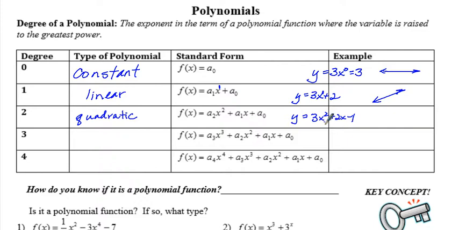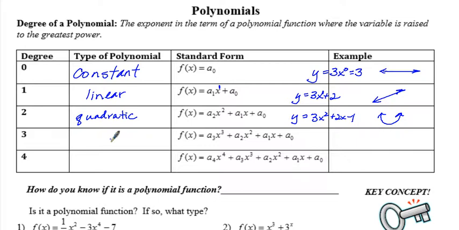Please note that even though I've written 3 terms here, you don't necessarily have to have all 3 terms of the standard form to still qualify as a quadratic. Y equals 3x squared is also a quadratic. It's just missing these last 2 terms, the linear and the constant. And we know from our last couple of units that these look like this, a parabola.